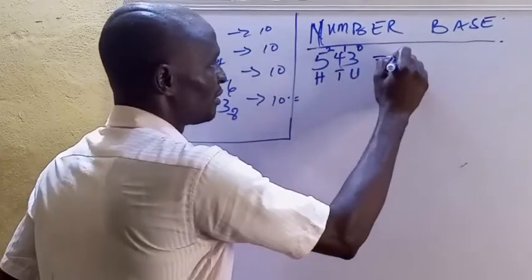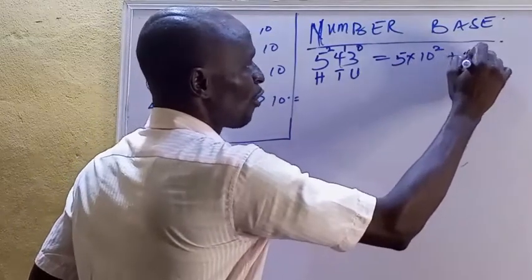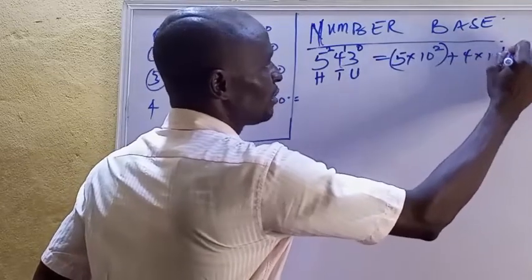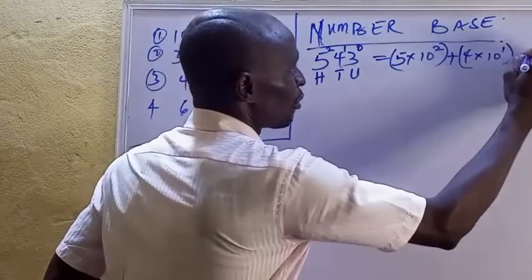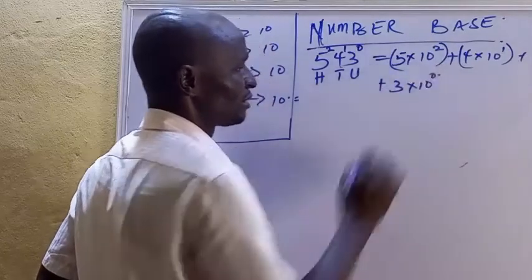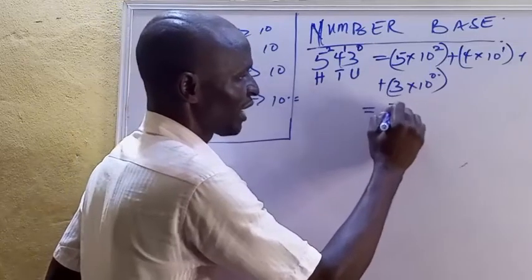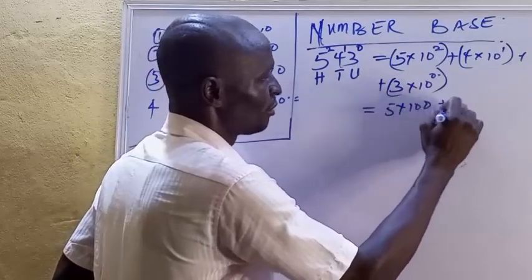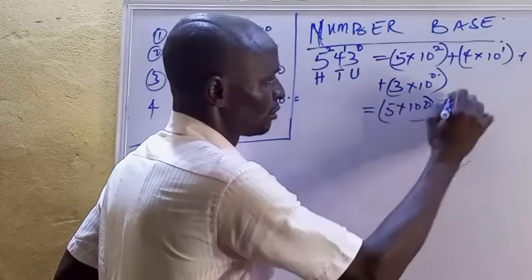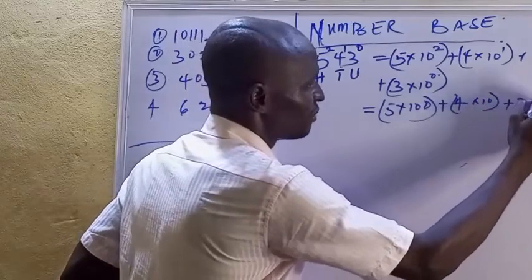5 here is times 10 raised to power 2, plus 4 times 10 raised to power 1, plus 3 times 10 raised to power 0. Expanding this, you see that this is 5 times 100 plus 4 times 10 plus 3 times 1.